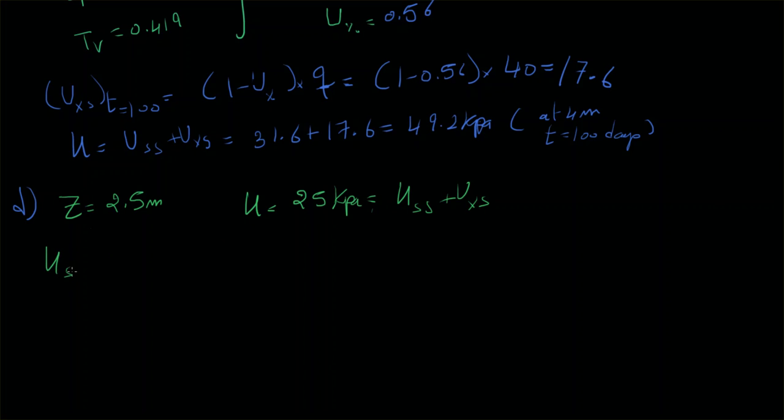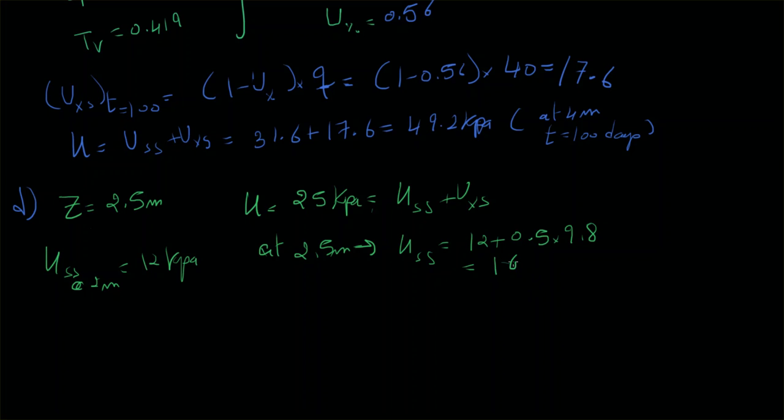USS, we are only given at 2 meters, which is 12 kPa. So at 2.5 meters, my USS becomes 12 plus that extra half a meter, 16.9 kPa. Therefore, my UXS is equal to 25 minus 16.9.